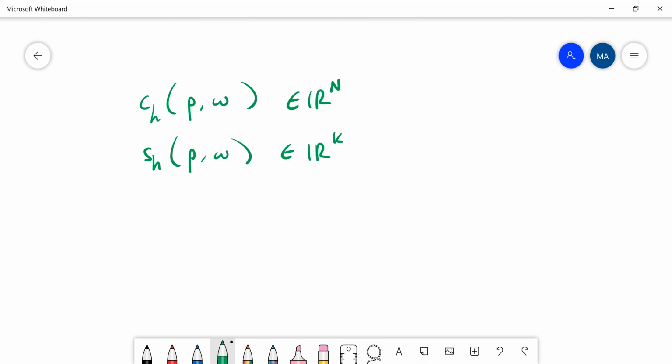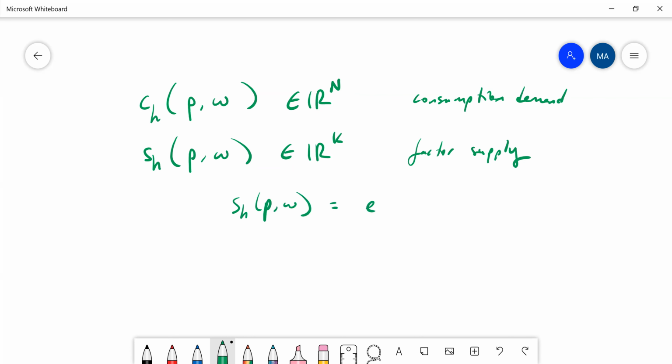So this is the consumption demand, and this is the factor supply. Now, factor supply, of course, will satisfy what? There is e_h, then there is x_h(p, w).